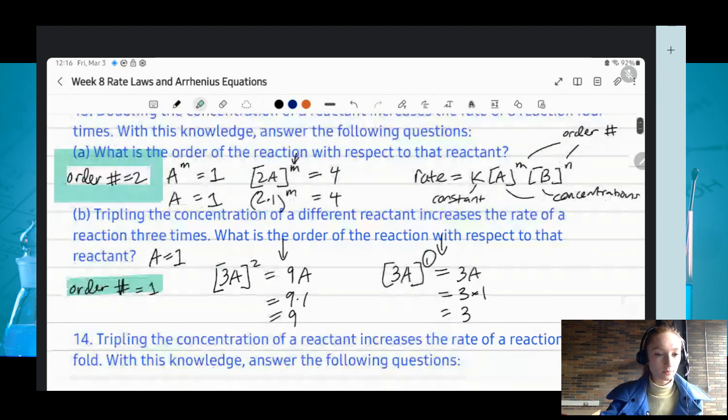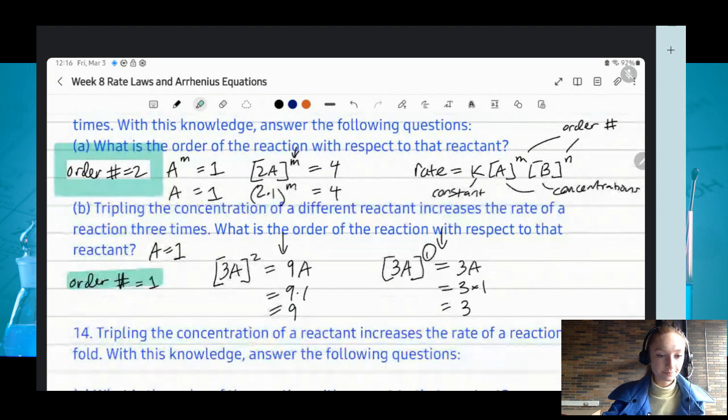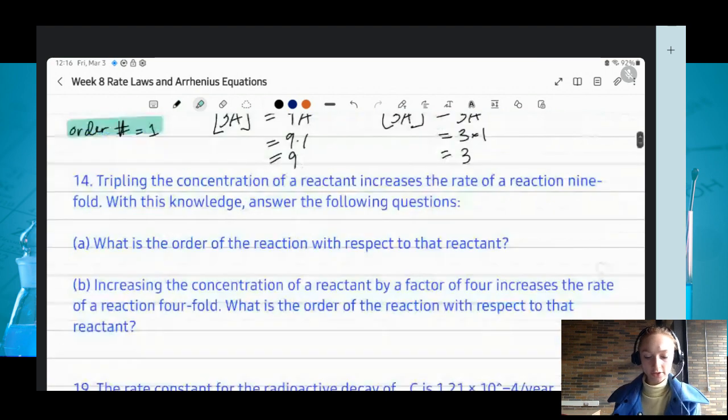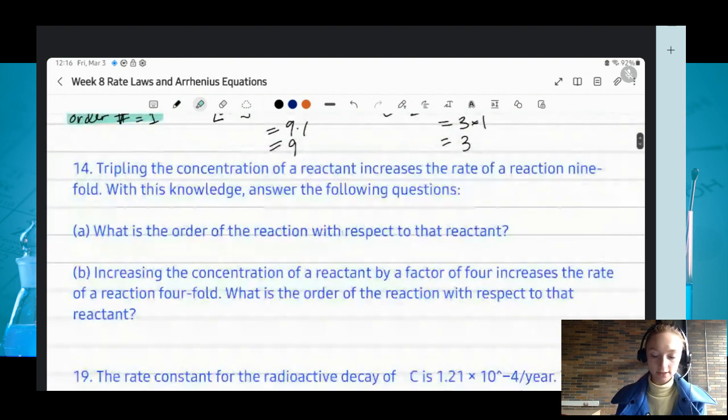Okay, now let's move on to 14. It says tripling the concentration of a reactant increases the rate of a reaction 9-fold. With this knowledge, answer the following questions. What is the order of the reaction with respect to that reactant? So tripling.